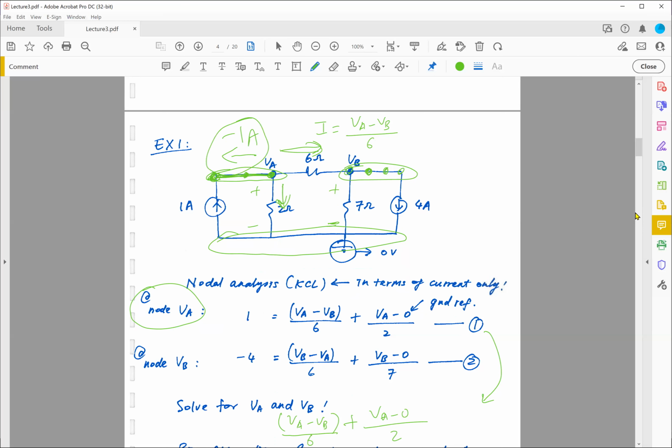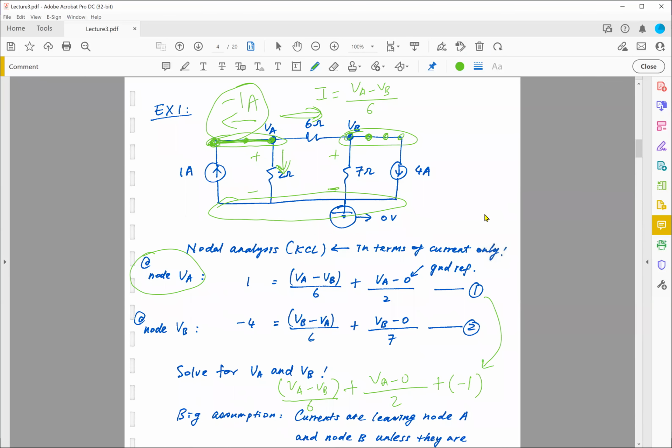So this term remains the same. Now over here, one exercise that we did earlier: if I want to represent the current leaving the node, instead of 1 amp going into the node, I need to attach a negative sign. So I'm going to say plus -1. And keep in mind, all these currents leaving the node have to sum to 0, as there's this equal sign here, as always.